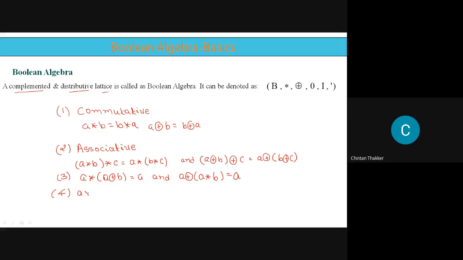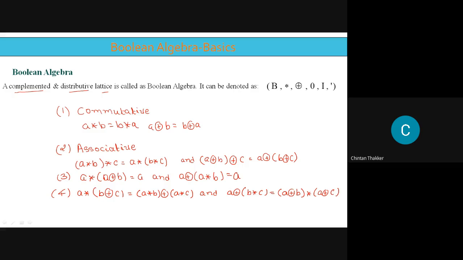A star B ring sum C is equal to A star B ring sum A star C, and A ring sum B star C is equal to A ring sum B star A ring sum C. Okay, this is the distributive property.